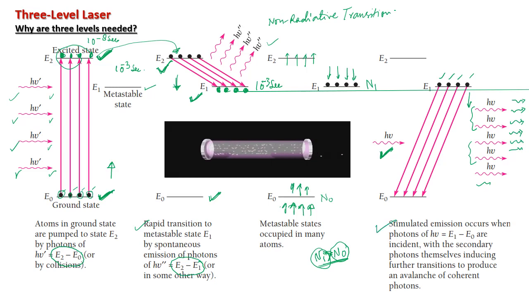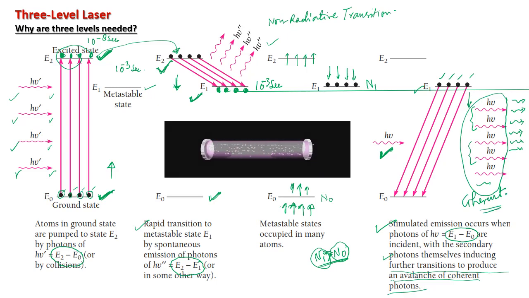So stimulated emission occurs when photons of energy h nu, which is the difference of E1 and E0, are incident with the secondary photons themselves, inducing further transitions to produce an avalanche of coherent photons. All these photons coming through stimulated emission are coherent. Coherent means they are all in phase.